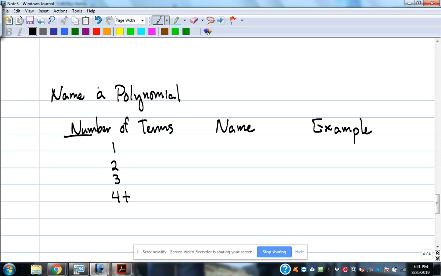Okay. So we're dealing with polynomials. If it has 1 term, the name of the polynomial is monomial. A monomial, prefix is M-O-N-O, that means one. Monomial is a product of numbers and variables, or just a product of variables.